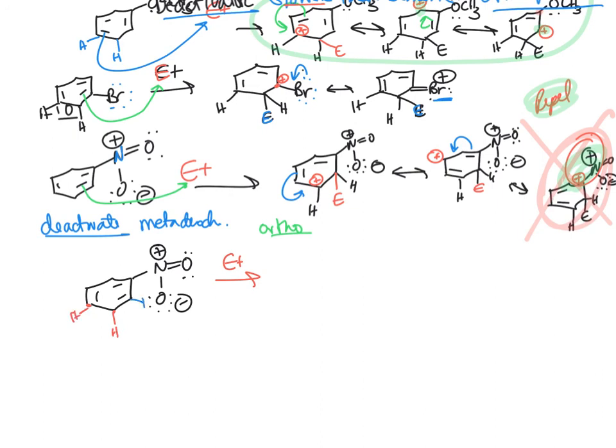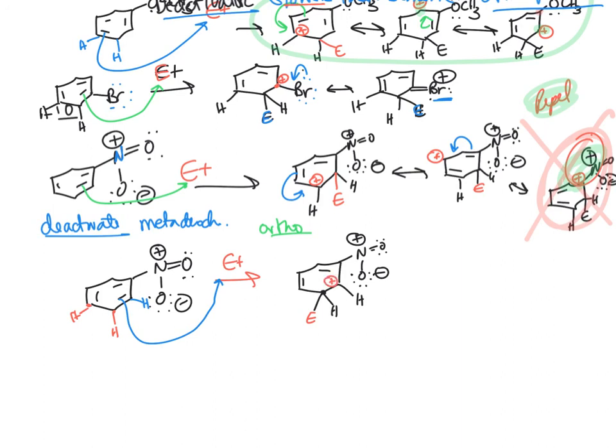We do the 1,3, and we're going to add it on the meta position. There's our electrophile. We still have a hydrogen there, and now we have the plus sigma complex there.